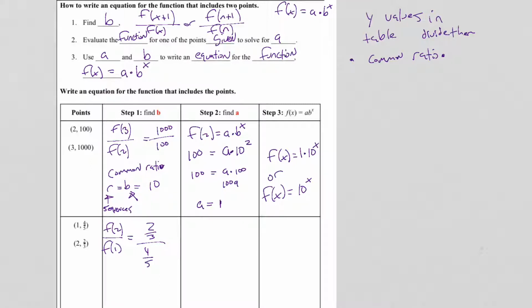So in your calculator, you would type this as 2 divided by 3 divided by 4 divided by 5, and I surround that stuff with parentheses. And then that's all going to equal, it's the same as 2/3 times 5/4, so that's 10/12, which is 5/6.